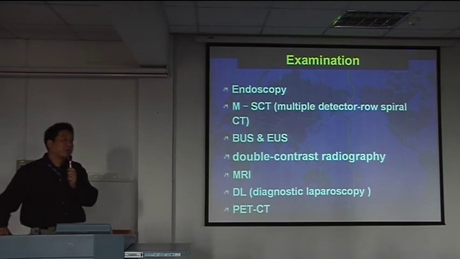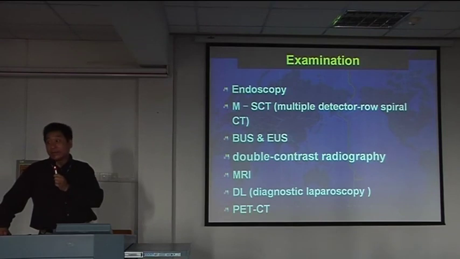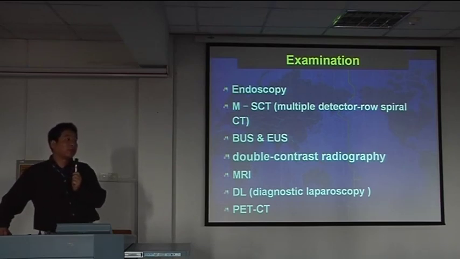In our country, only 10% of patients are at early stage. However, in Japan, approximately 60% of patients are at early stage. So the prognosis in Japan is very good. In our country, it's not so good.